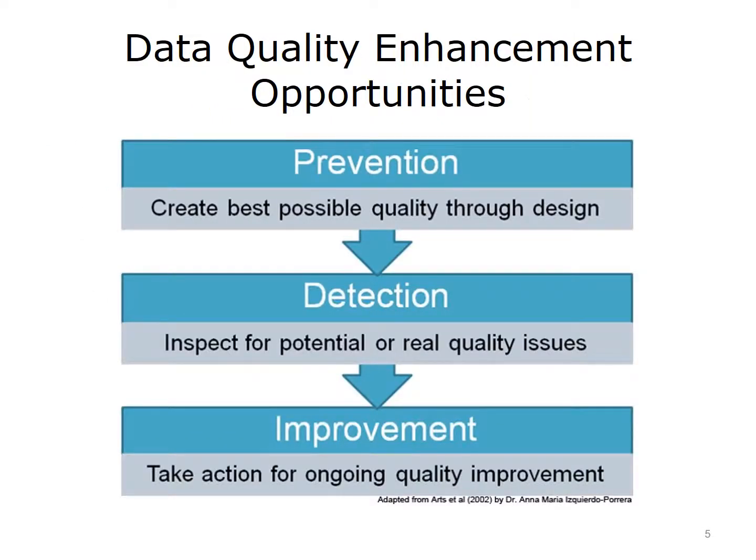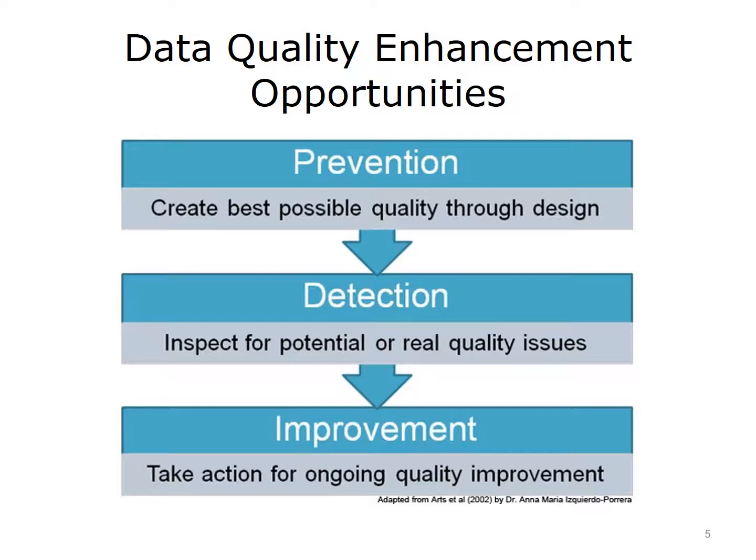The team examined planned and systematic procedures that take place before, during, and after the data collection to identify causes of insufficient data quality. As an HIT professional, you will be in the best position to consider what can be done to prevent, detect, and facilitate improvement efforts.